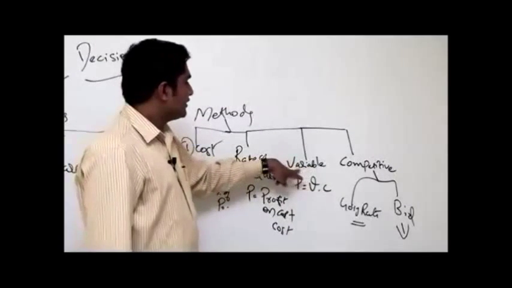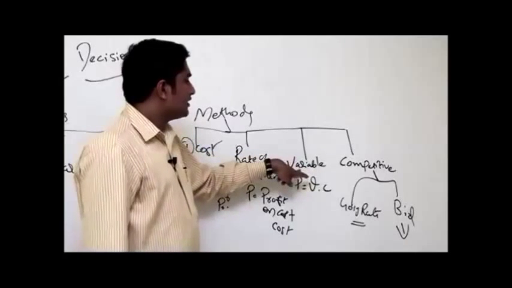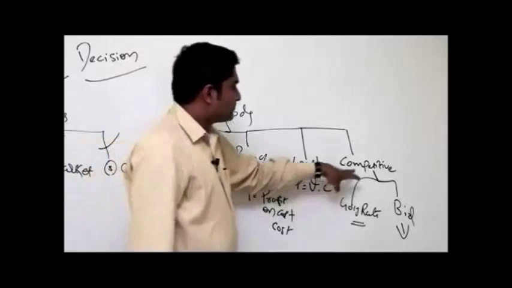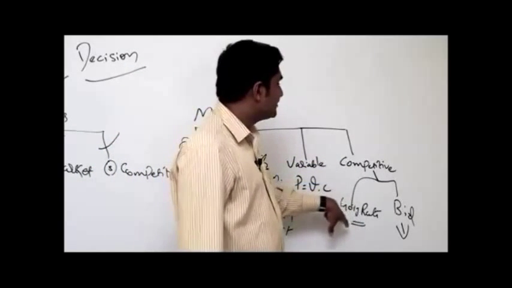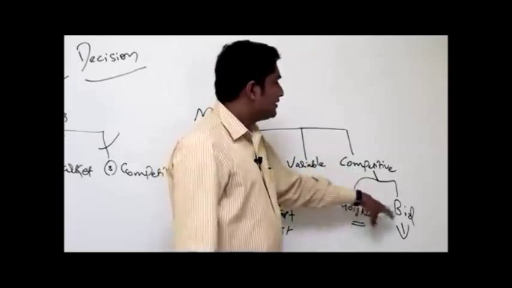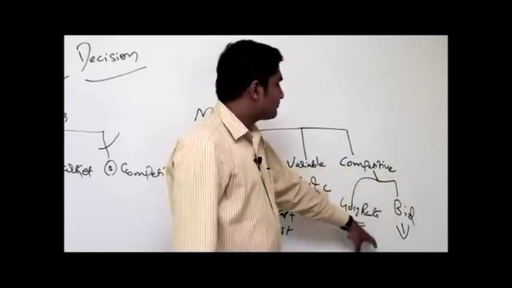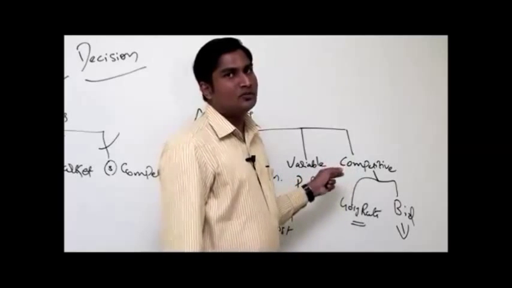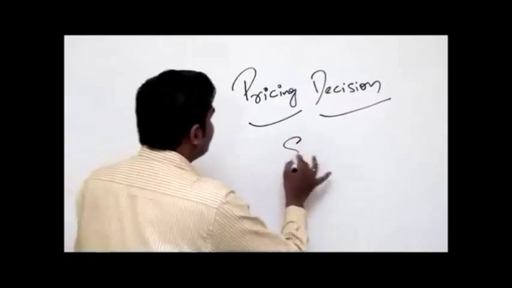This cannot be applicable in a longer run situation, but it can very well be used as a competitive strategy. In case of competitive pricing, two methods are used: going rate, where the price will be as the competitor charges, and bid rate, where the firm charges a bit lower than what it expects the competitor to charge. Now let us discuss pricing strategies.